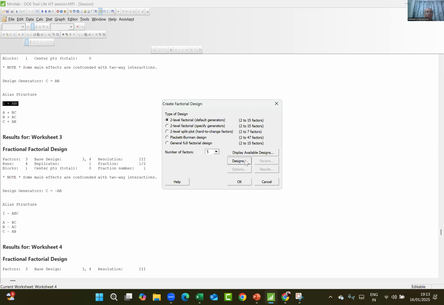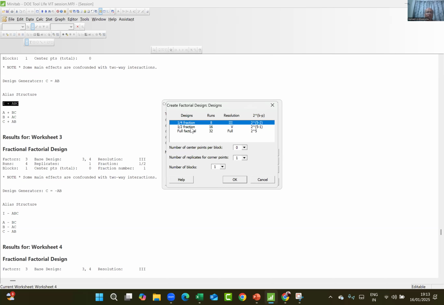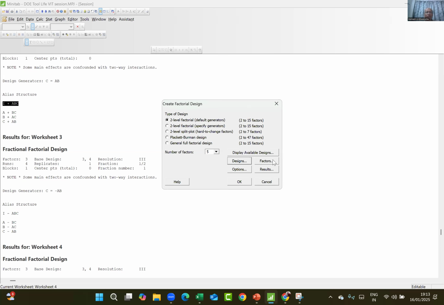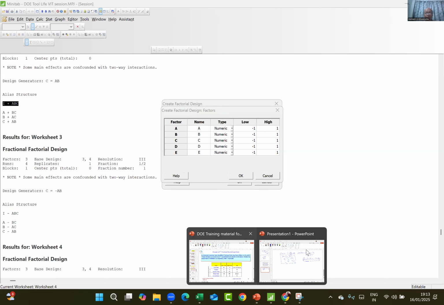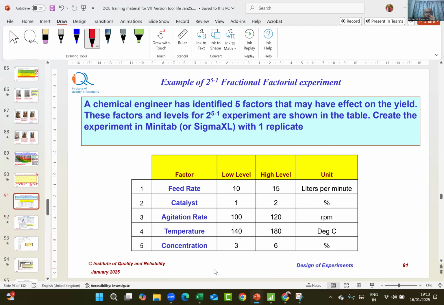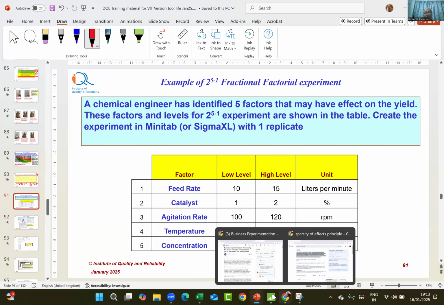And in the designs, I select half fraction here. There is no center point. Number of replicates is 1. Blocks is 1. I say OK. In factors, I need to enter the values as per the table that is shown. Feed rate 10, 15.